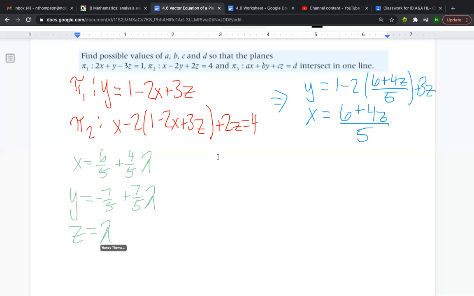Okay, so this is my new form of the line. And now I can find my direction vector from this. So now I know that D, I'm going to give it a vector symbol above it because I can't boldface it, my direction vector would be 4/5, 7/5, and 1.